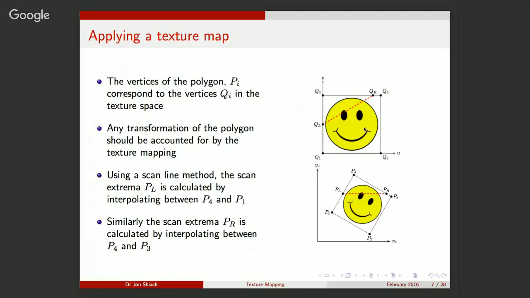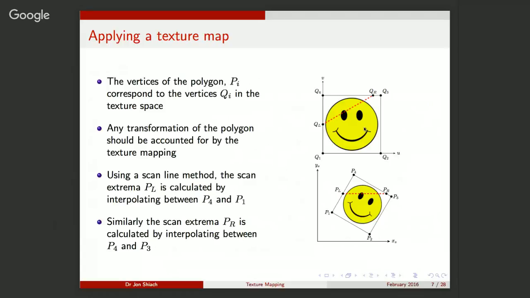That slide's pretty much summarizing what I just spoke about. Your vertices in your polygon P correspond to the vertices of the texture Q. So any transformation on the polygon should be accounted for by the texture mapping. As the polygon is rotated, that texture map should also rotate on the screen.